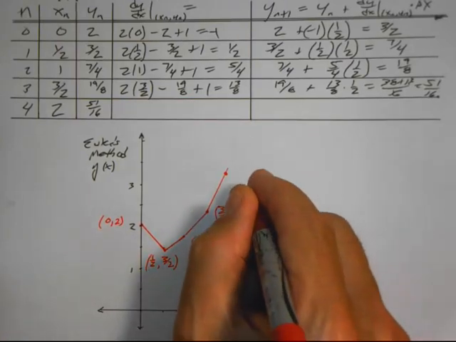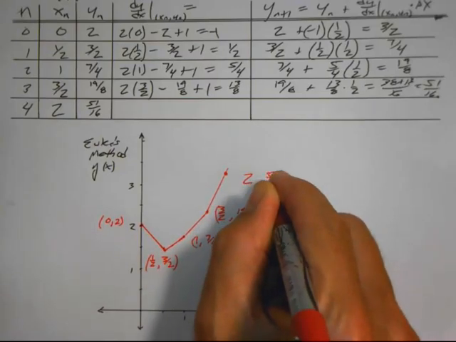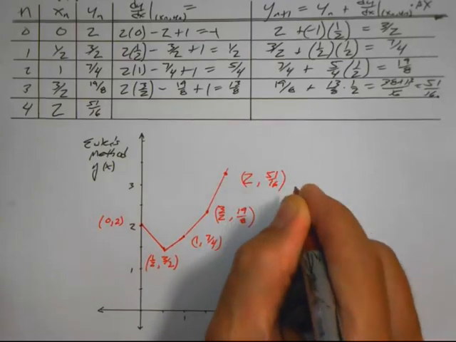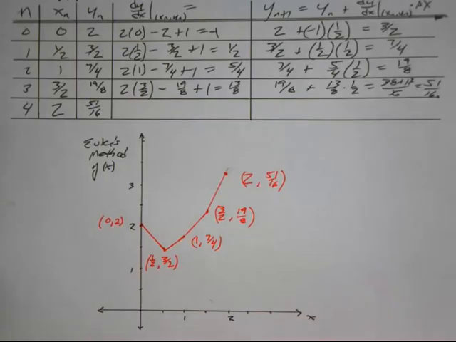And here, 2, 51/16. And maybe a little touch of white out right there. Alright, about like so. There's our manual graph of this Euler's method approximation.